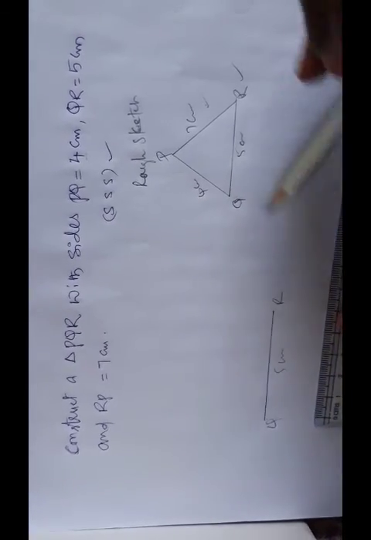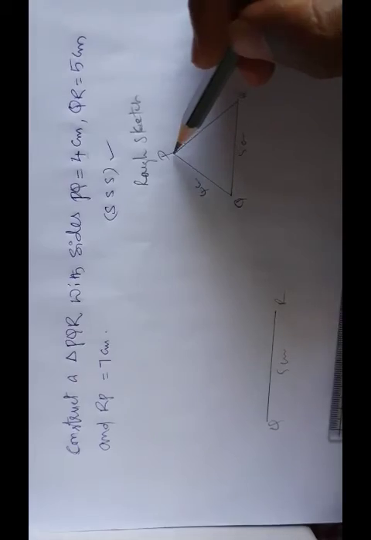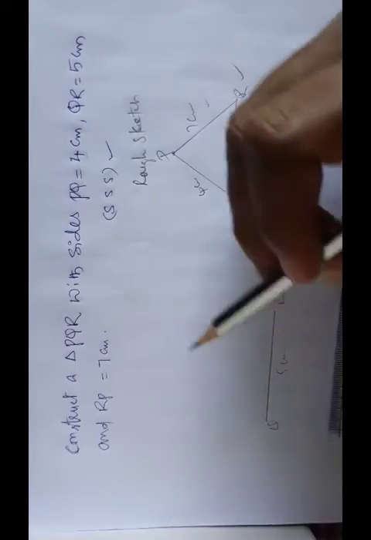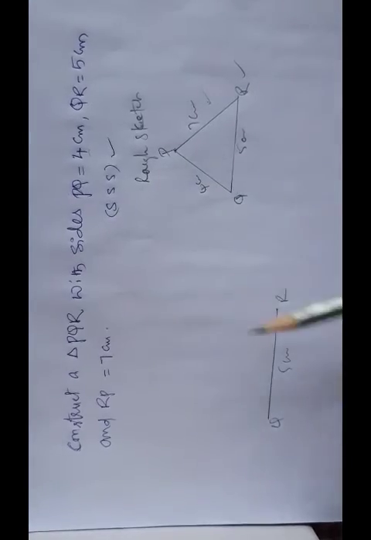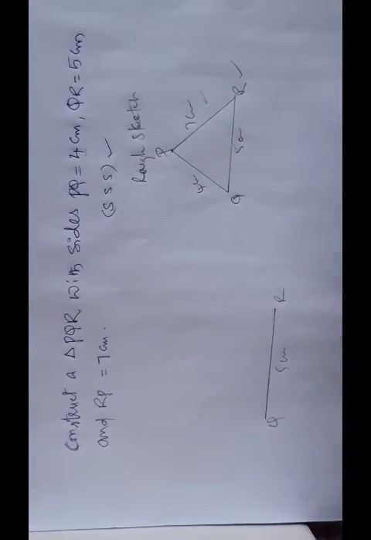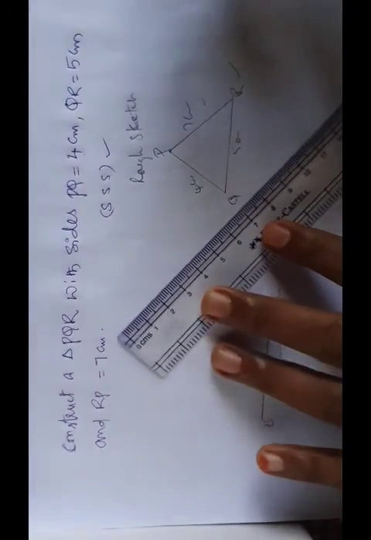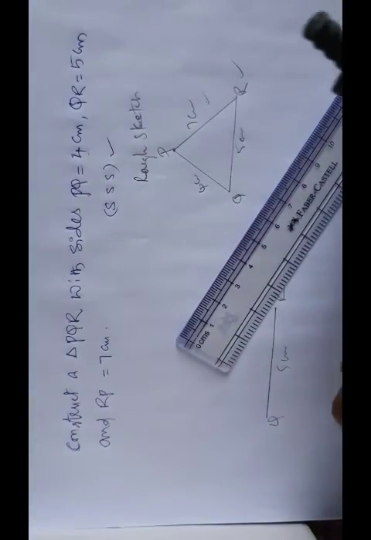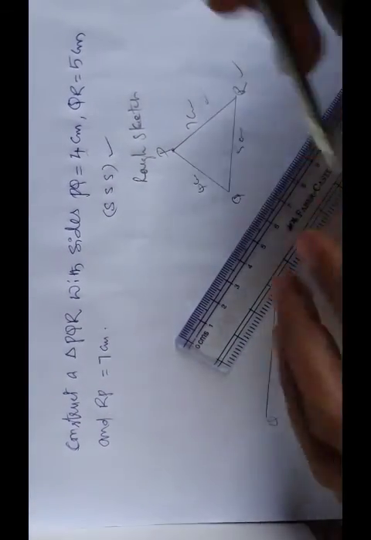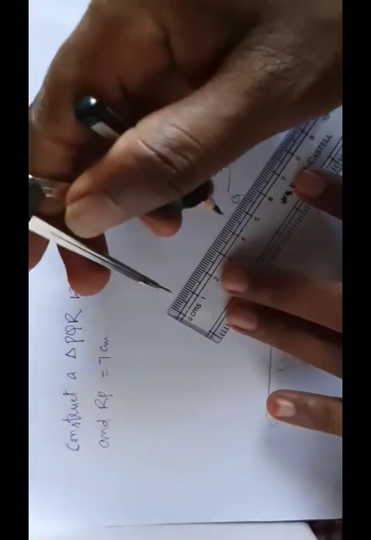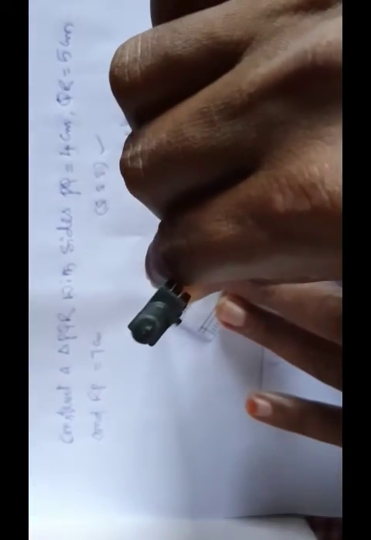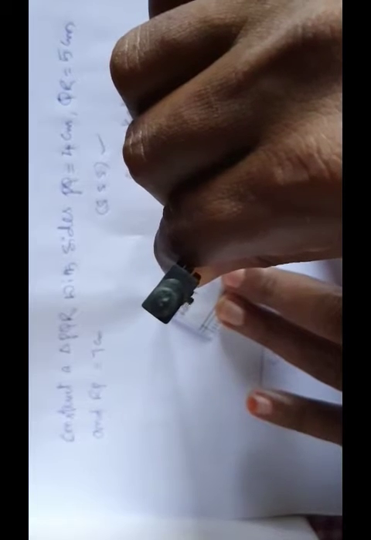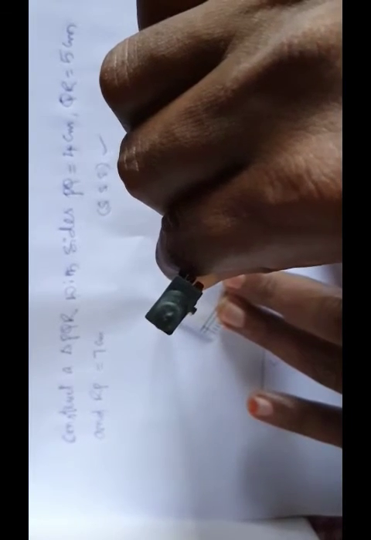Then how can we construct one more point? A vertex is needed, that is P, where P is situated. For that, use the compass. Measure either 7 or 4. First I'll measure 4 centimeters. So how can we measure it? 0, and here 4 is there. Take 0 and 4 exactly.